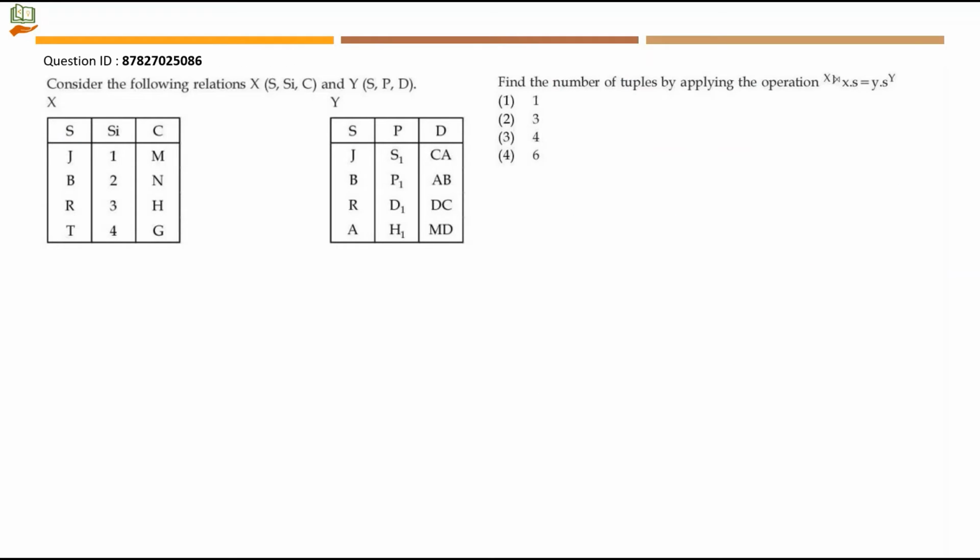The first question, find the number of tuples by applying the operation. The operation is given as X left join, where the condition is X dot S field is equal to Y dot S field in the Y relation. So this symbol is left join. So what is left join?